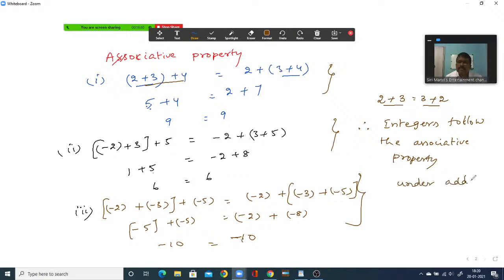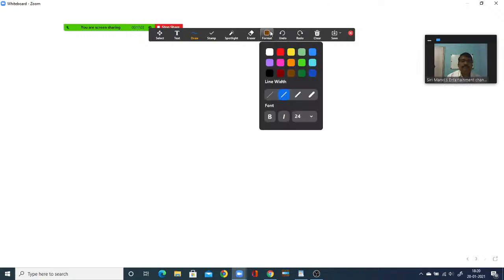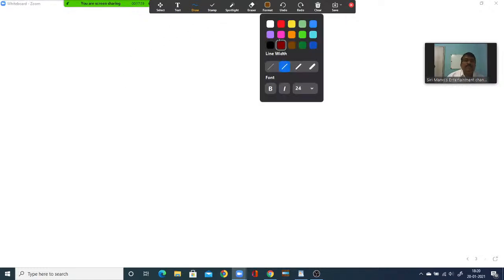Now I am going to try this on page number 15. Try this, 7th class mathematics, page number 15.